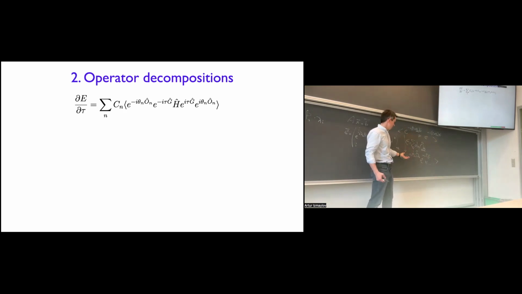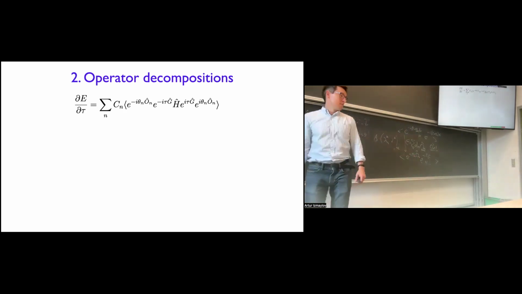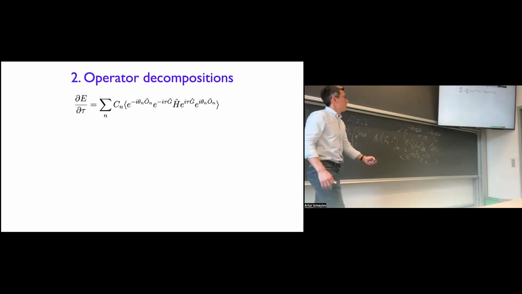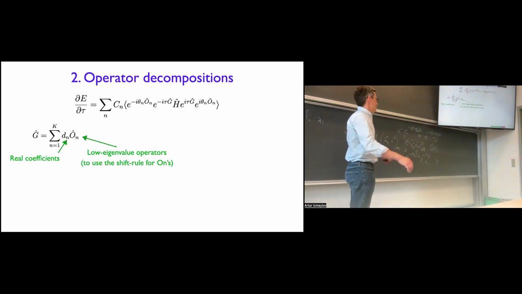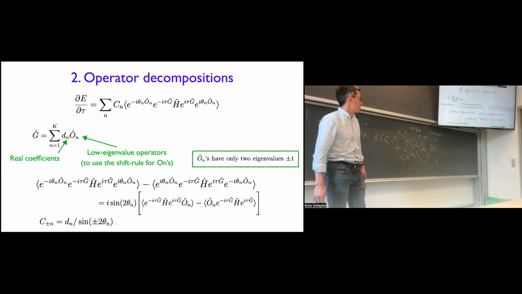Instead, we will only be required to remove the powers of On, and the Ons are all presumably simple. Let's say On squared is 1. So that's why it's easier to get rid of the powers of On rather than powers of G. The Ons are low eigenvalue operators, and then we have only plus minus 1.